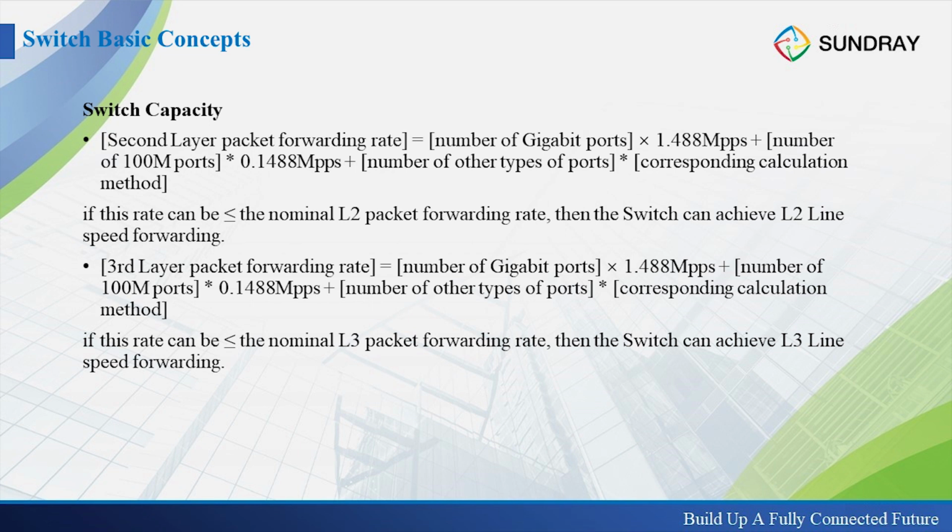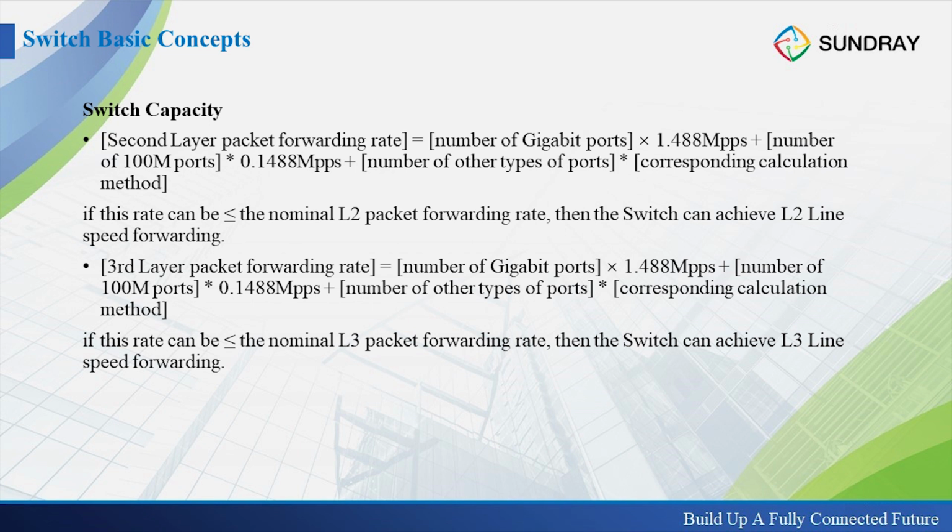The first is the layer 2 packet forwarding rate. You need to know the number of gigabit ports, times 1.488 Mbps, and then you need to calculate how many fast Ethernet ports there are, times 0.1488 Mbps.